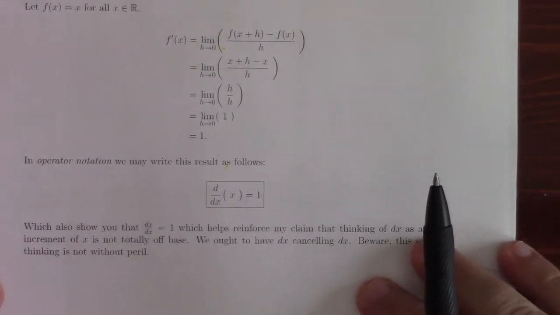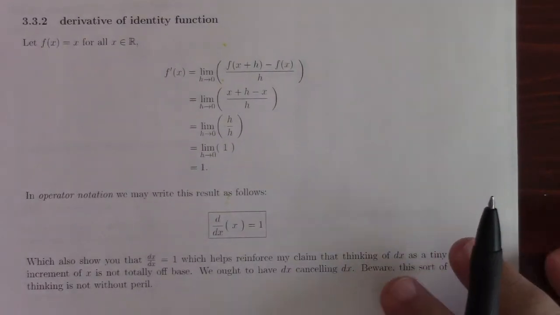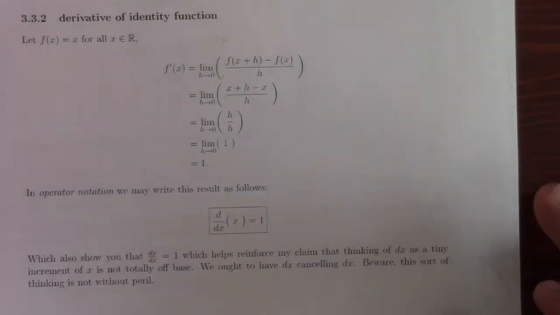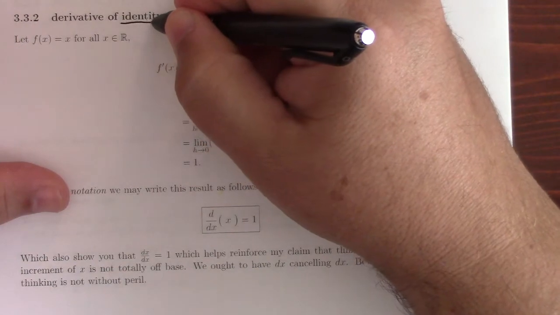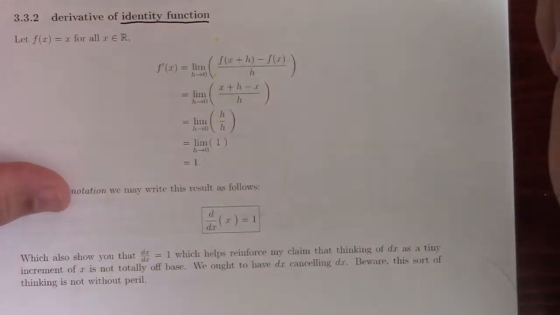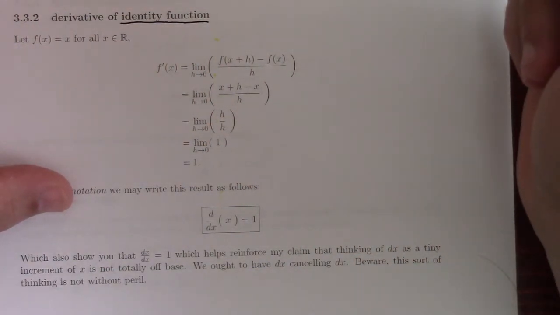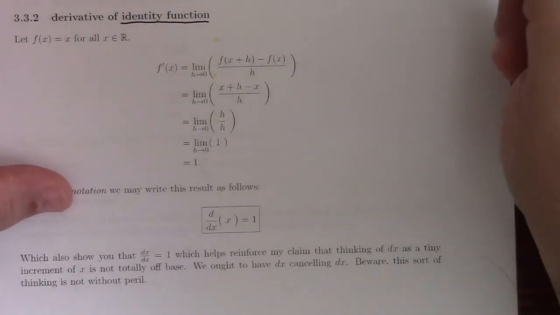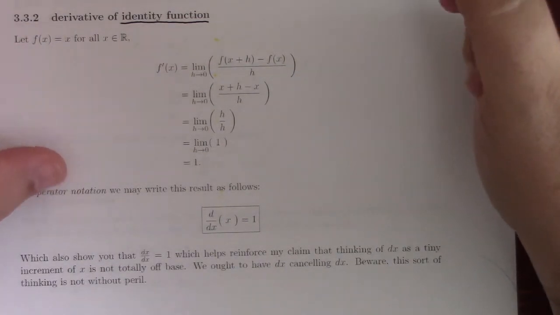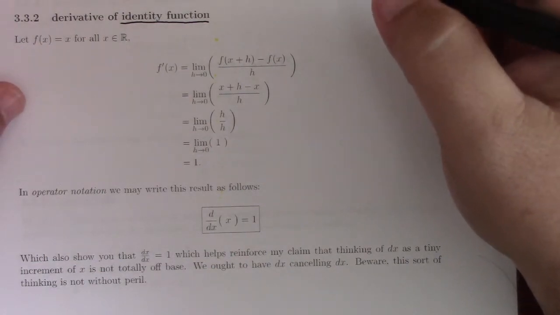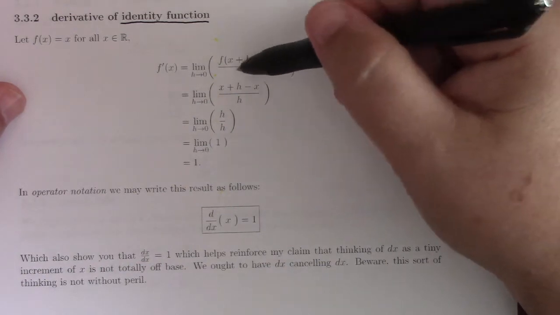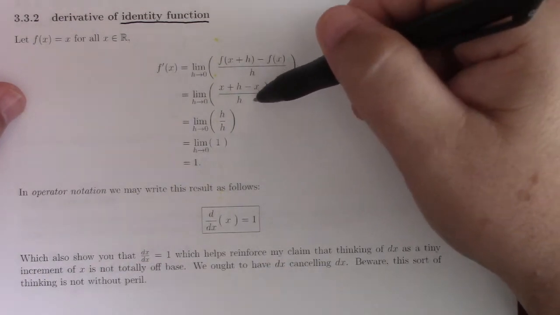Where was I? The function f of x equals x is sometimes called the identity function, because it's the identity. If you calculate the derivative of that, you get x plus h minus x over h.